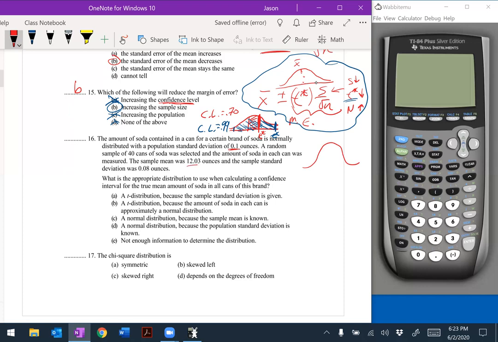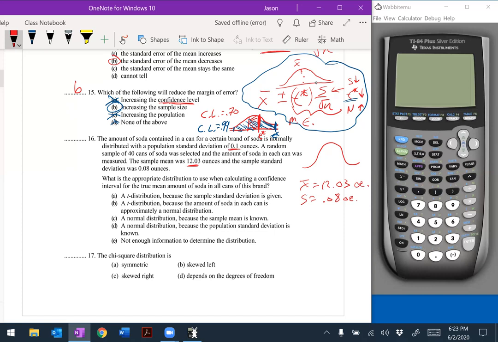The sample mean was 12.03 ounces, and the sample standard deviation was 0.08 ounces. What is the appropriate distribution to use when calculating a confidence interval for the true mean amount of soda in the cans of this brand?